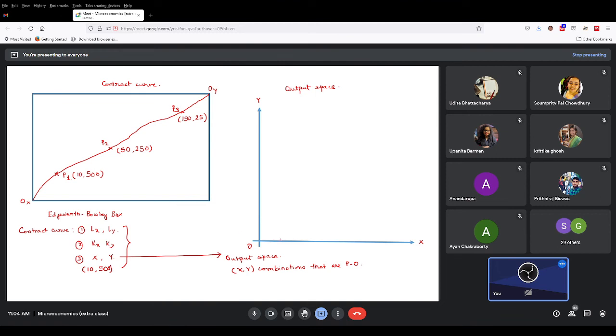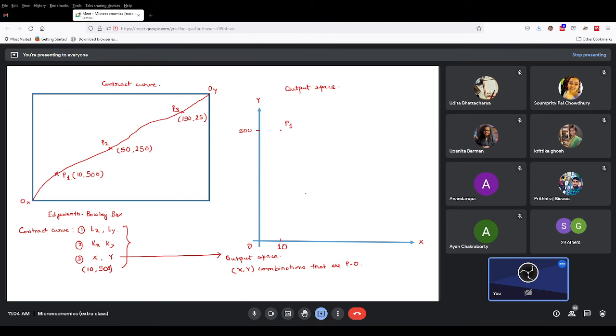It is 10. What is Y? 500. So P1 is a point like this. Sorry, it's not very easily drawn. Okay, I hope you can see P1.